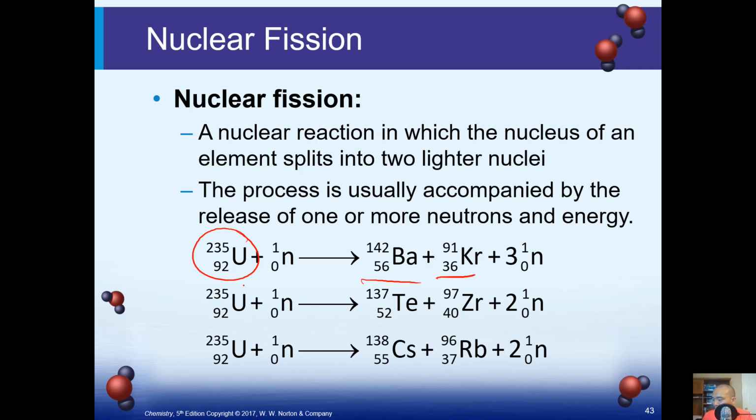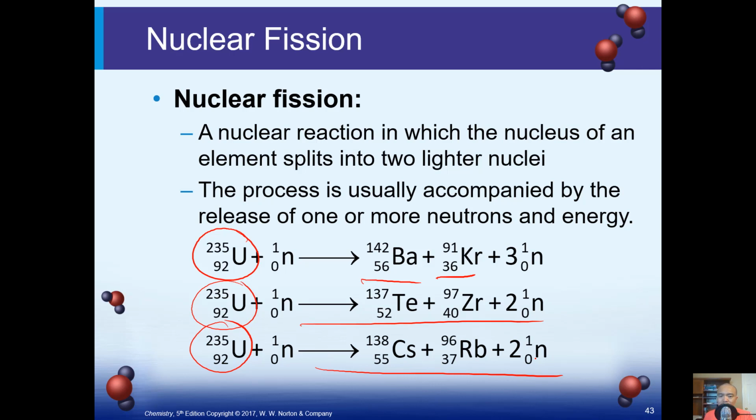There are other pathways for the uranium-235 fission reactions, as you can see over here. Note also that the reactions are balanced based on the conservation of mass and charge, which means the sums of the superscripts on the left and the right are equal. So it's also true for the subscripts.